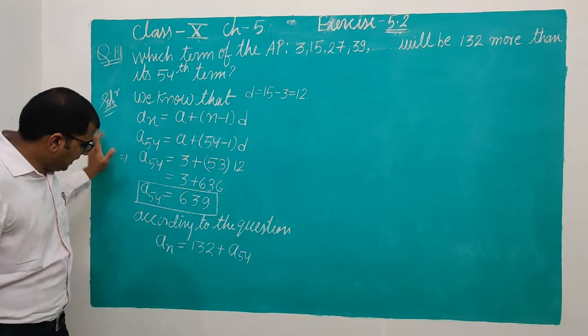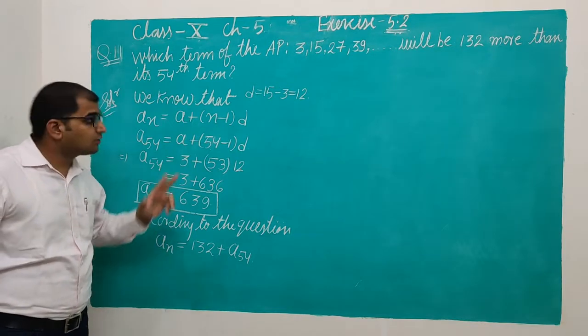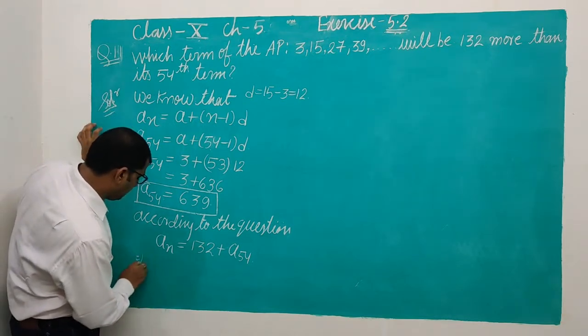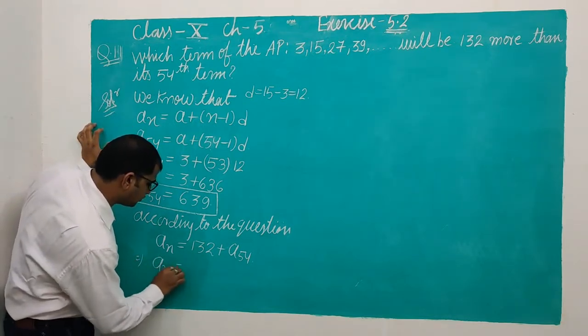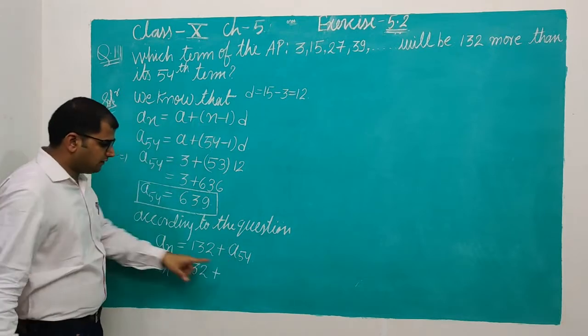Got it? पहले अपन an का वैल्यू निकाल लेंगे, then after we find out the value of n from the given AP. Okay, so that is an equals to 132 plus the value of a54.